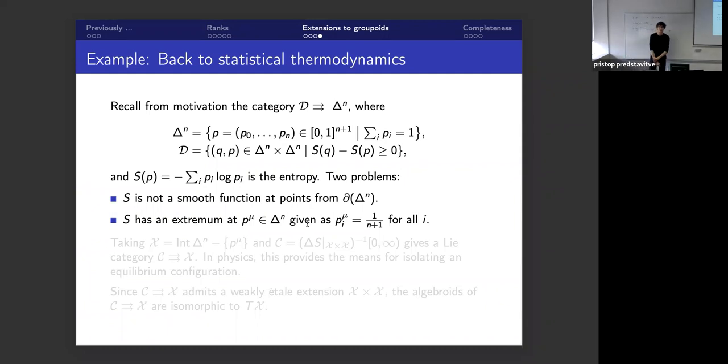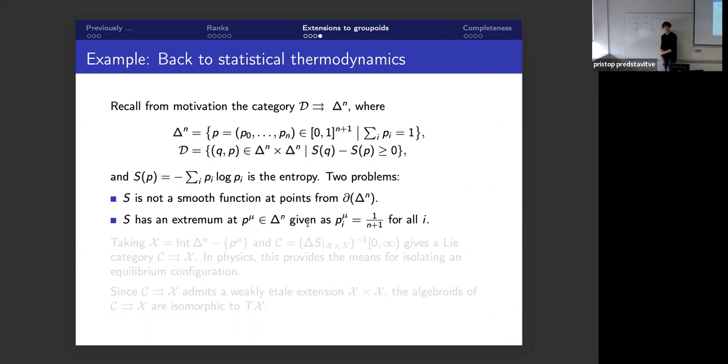In physics, this is called the microcanonical configuration. So what I'm trying to say is that not only do we have to throw away the boundary of the n simplex to obtain a Lie category, we also have to throw away this particular point.